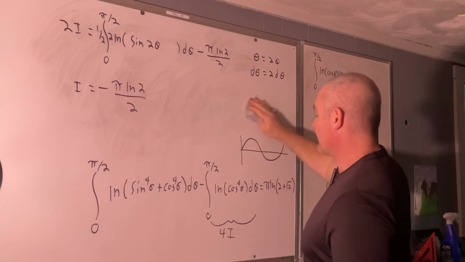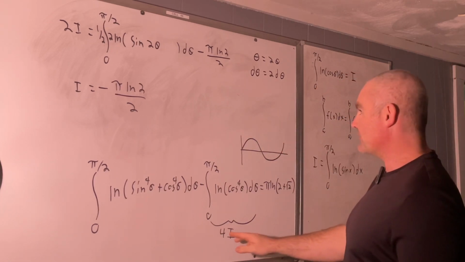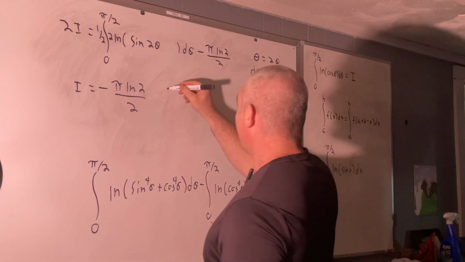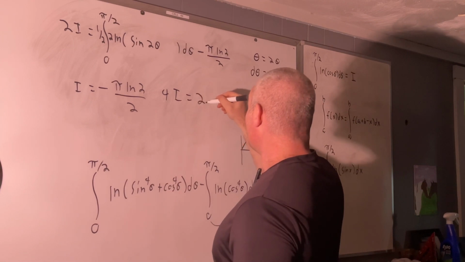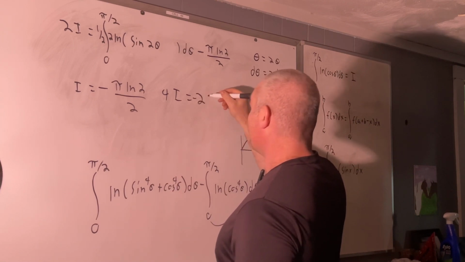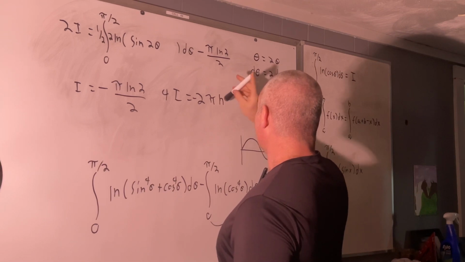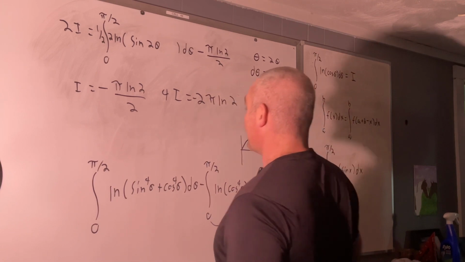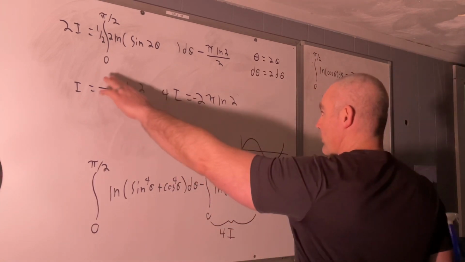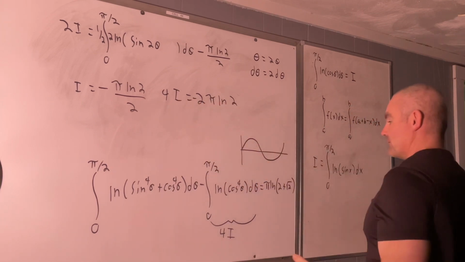Okay. Well, so now what do we have? This is 4I. So 4I is going to equal 4 times this, so negative 2 pi natural log 2.